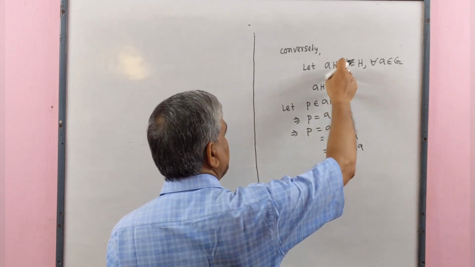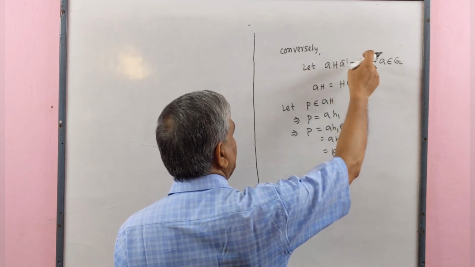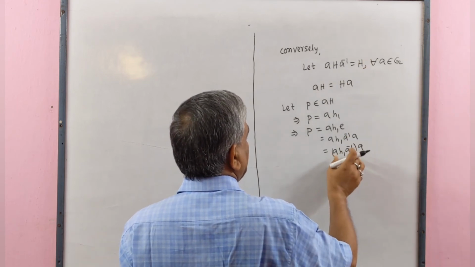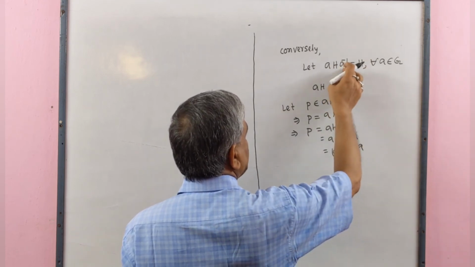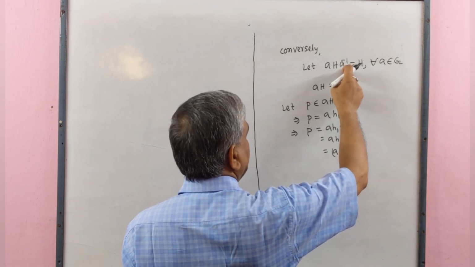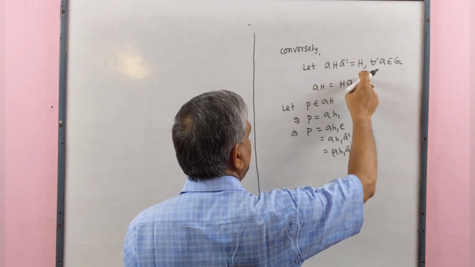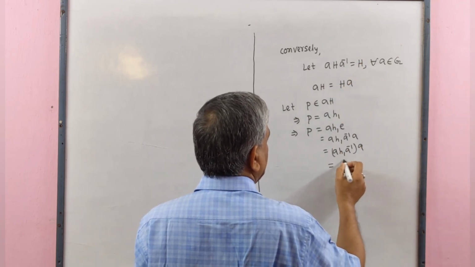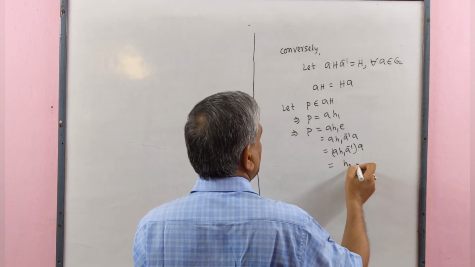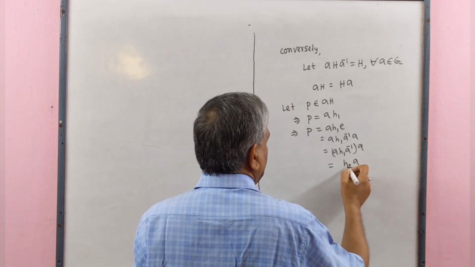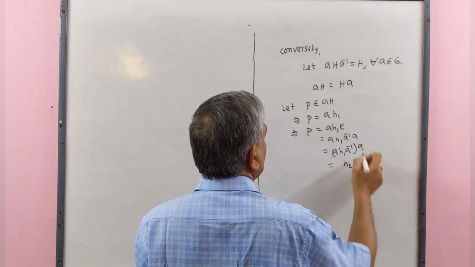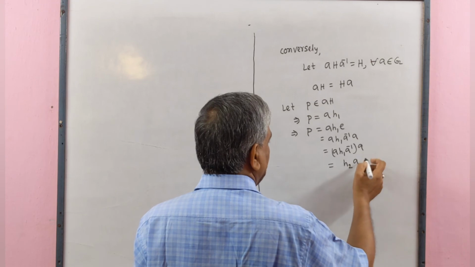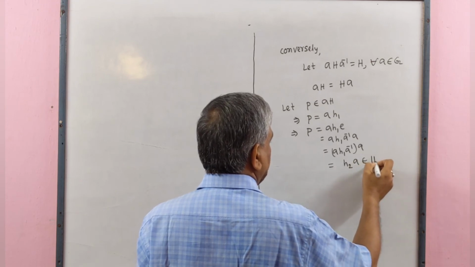Since here we see that AHA inverse equals H, this element belongs to AHA inverse, and this will be equal to an element of capital H. Let that element be H2, so it is H2A, and H2 belongs to capital H. Therefore, H2A belongs to HA.